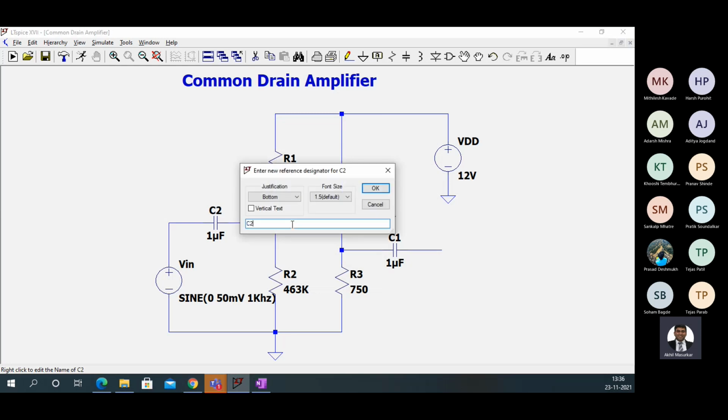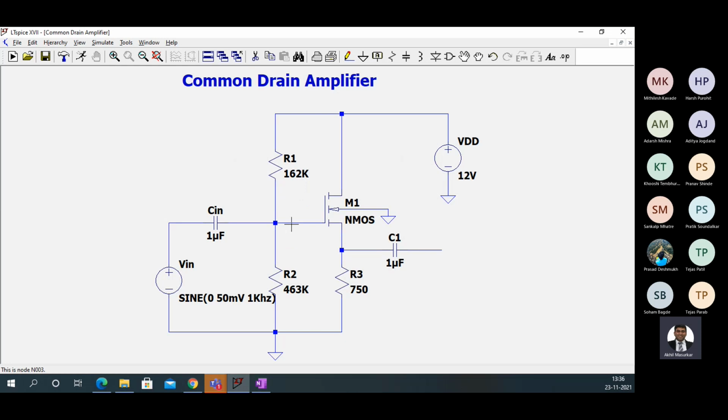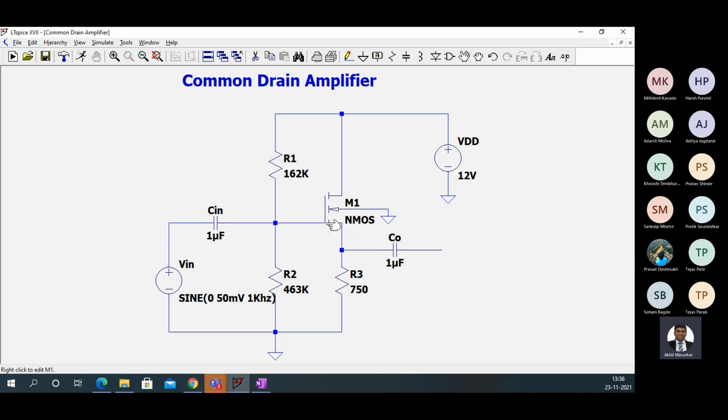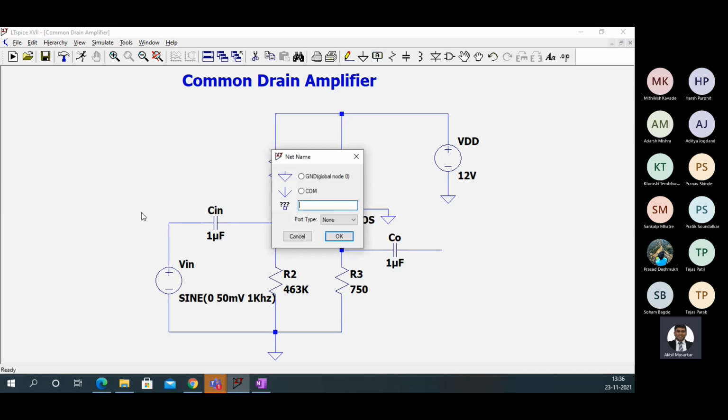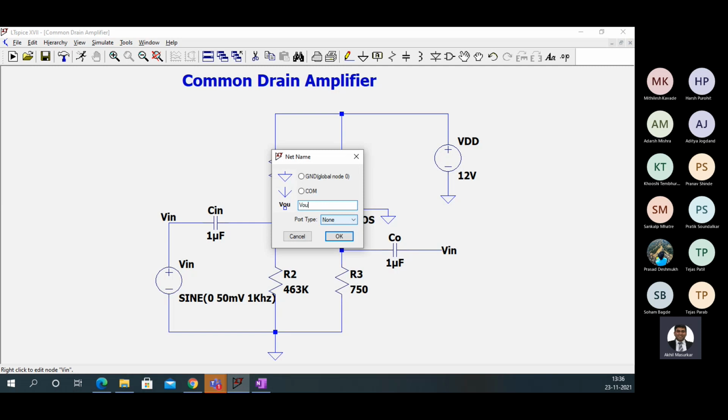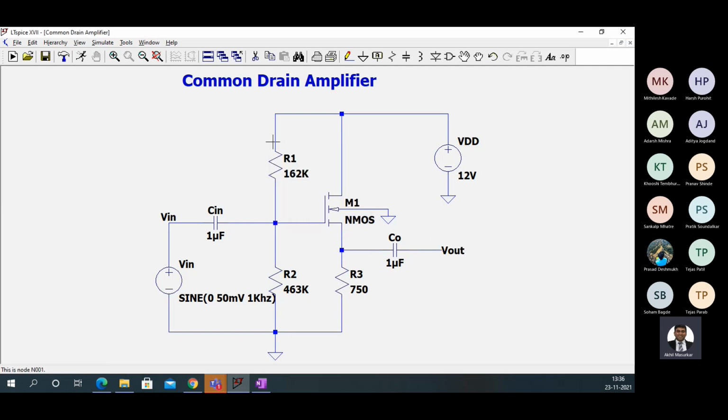We can give the notation Cin and Cout, the same as we are using in the circuit. Here we have the input as Vin, and here we have the output as Vout.